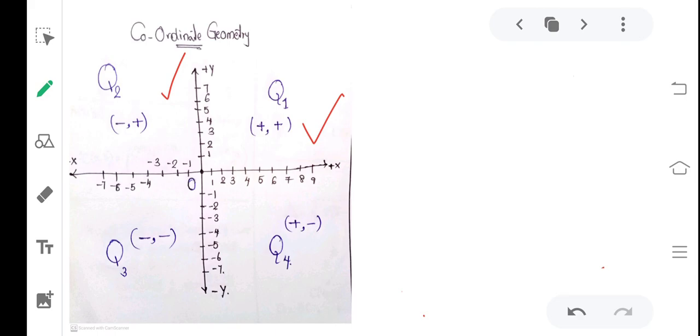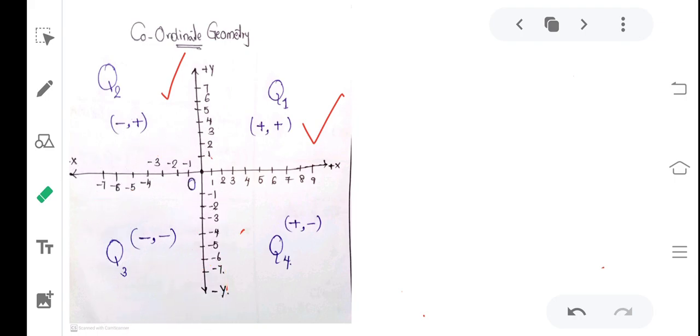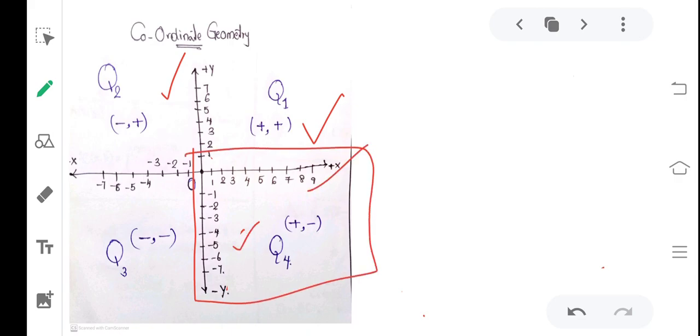Now coming to the third quadrant, if you observe, both are negative, x is negative and y is also negative, so the point is minus comma minus. Next, the fourth quadrant, if you observe, the x value is positive and the y value is negative, so the point we can take is plus comma minus.